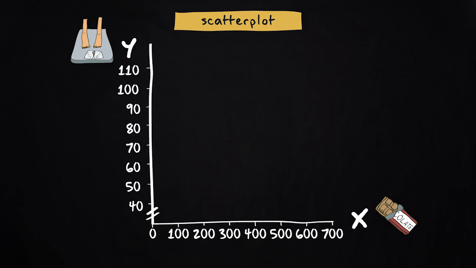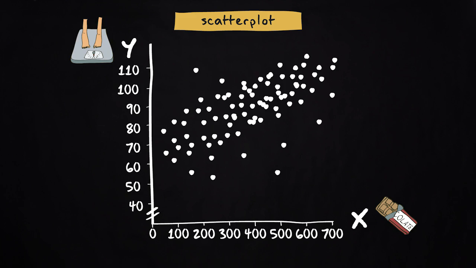Next, we display every individual in this figure. For instance, here is one person that eats 49 grams of chocolate per week and weighs 65 kilograms. Another individual eats 134 grams of chocolate and weighs 73 kilograms. That's here. We do that for all individuals in our sample. And voila, there's the scatterplot.